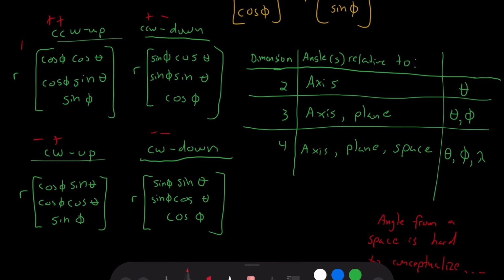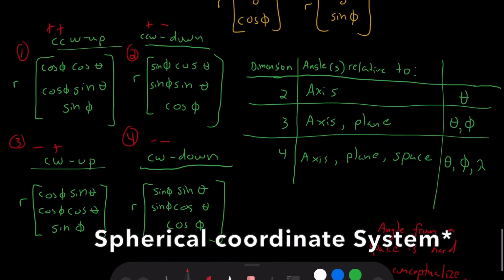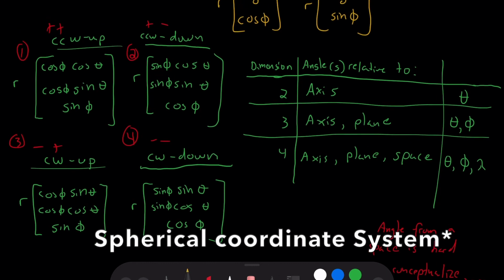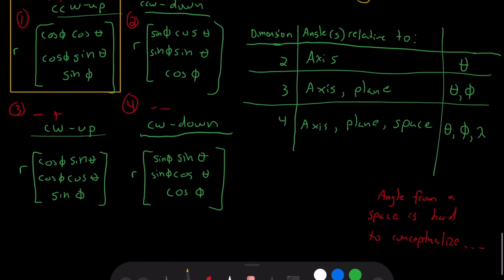Here's possibility 1, 2, 3, and 4. These are the 4 different ways that we could set up a coordinate system. And my preference is to always use this one. Because everything's relative, I can define where I want the axes to lie for whatever problems I'm given.